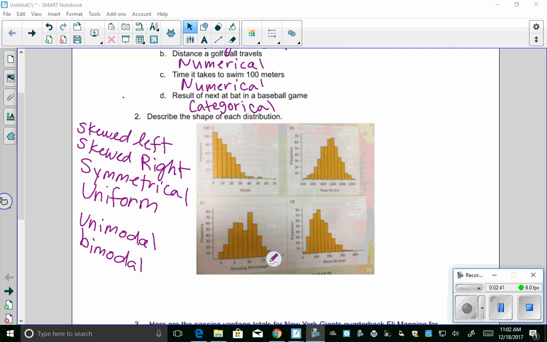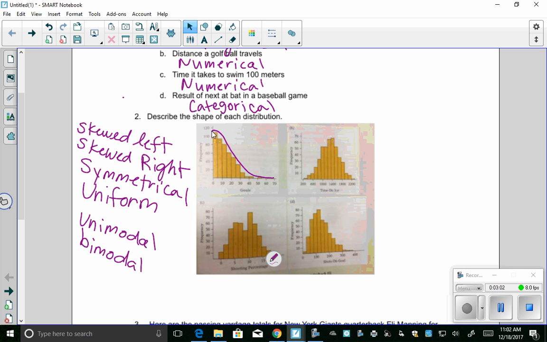Alright, so those are the different types of distributions we can have. So now we are labeling which one's which. To tell the difference between skewed left and skewed right, the lower part of the data is the direction of the skew.